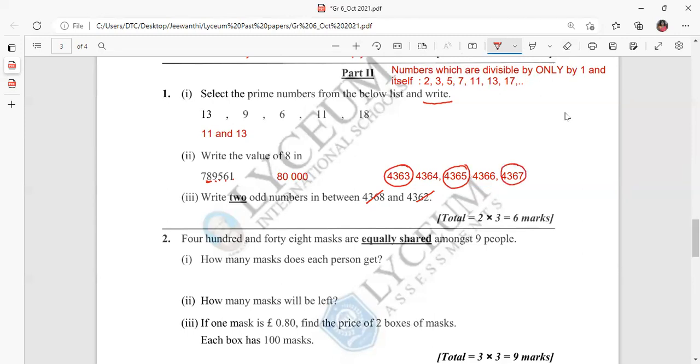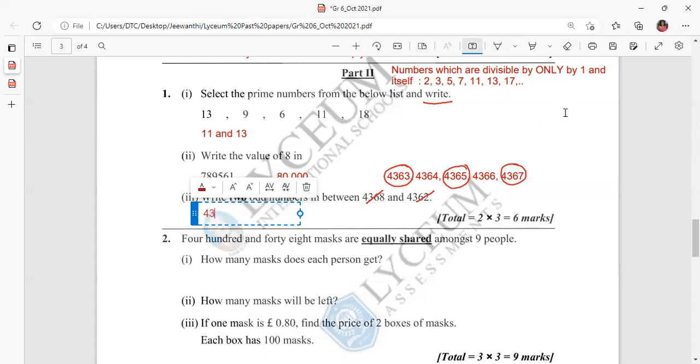These are odd numbers. But you can't write all three, children. They have given these questions to check you. Here you have three numbers, then you may be trying to write all that, saying I found all the odd numbers. No, you can't write like that, because they have bolded it and specifically mentioned you want to write two odd numbers.